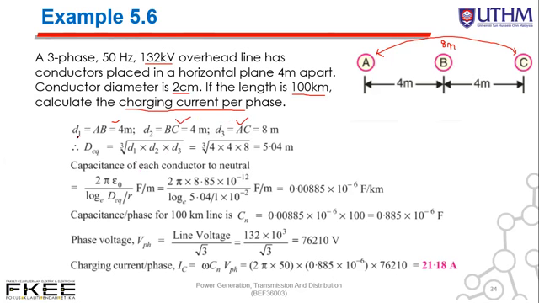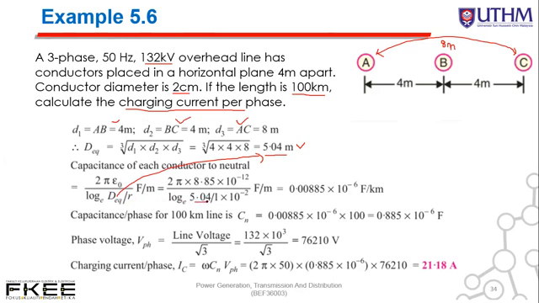So the equivalent, average distance is the cube root of D1 D2 D3. So we got 5.04 meters. And the capacitance of each conductor to neutral we can calculate using this equation, 2 pi epsilon naught over log D equivalent over R. D equivalent is 5.04, R is 1, because diameter is 2, so radius is 1.